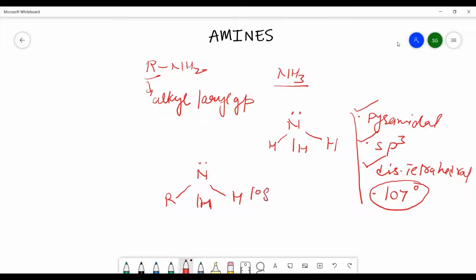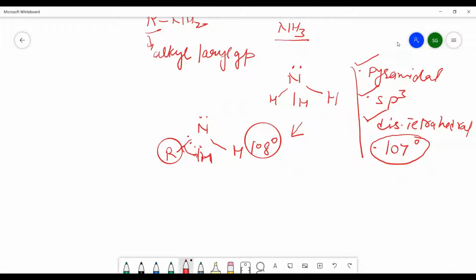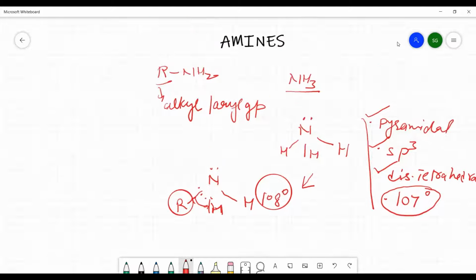It is 108 degrees, because the R group present here is a bulky group, and it causes more bond pair repulsion, which increases the bond angle as compared to ammonia.